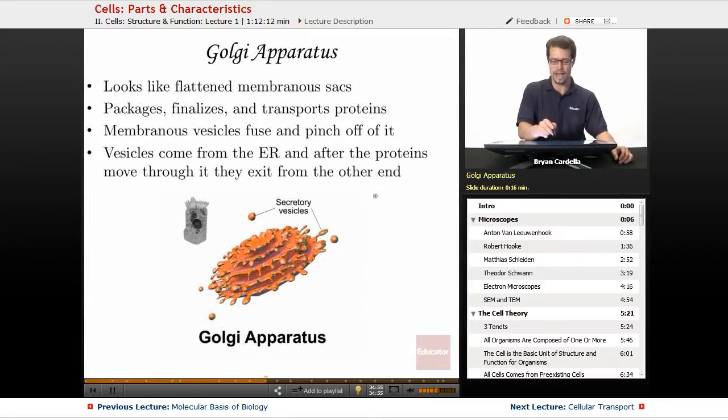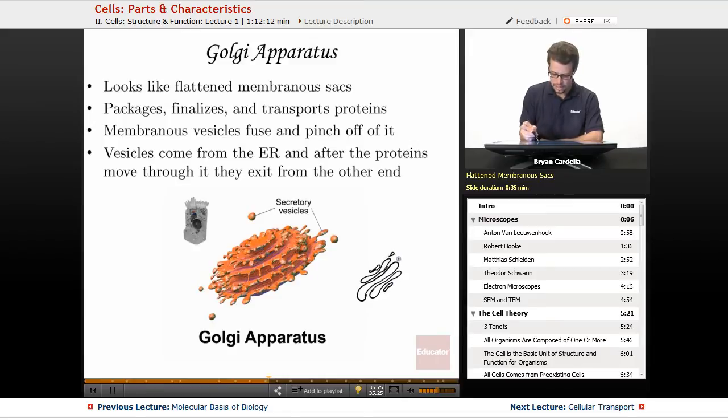Next up, the Golgi Apparatus, also known as the Golgi Complex, the Golgi Body, depending on what source you look it up in. But Golgi Apparatus is a very common term for it, named after an Italian scientist, Golgi. He discovered it. It looks like flattened membranous sacs. So oftentimes you'll see it like this. A cross section I've seen before looks more like this. Looks very similar to this image.